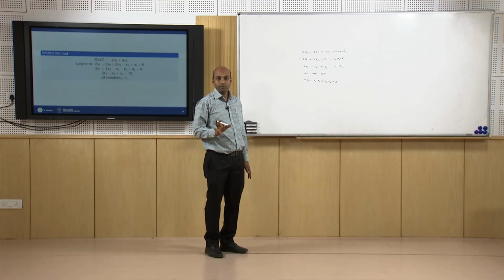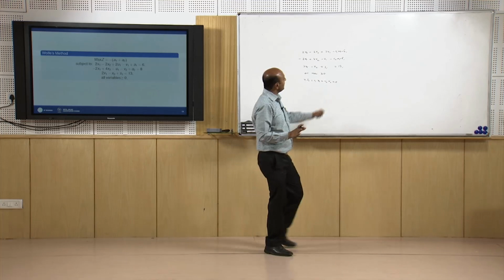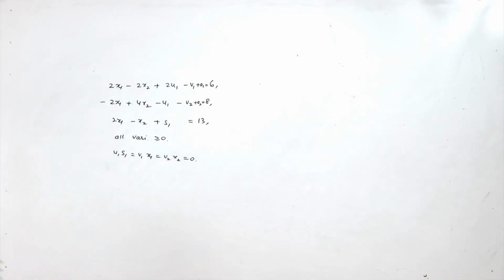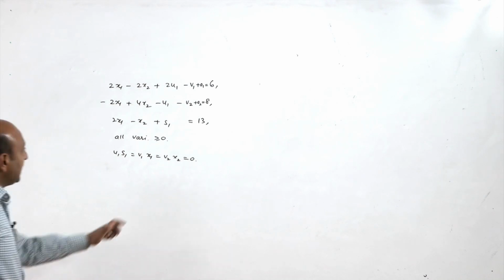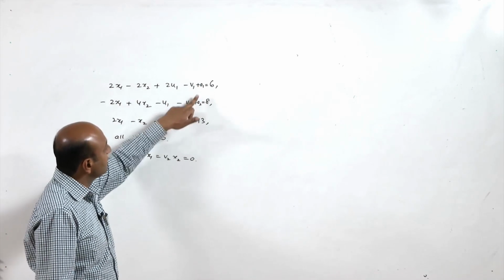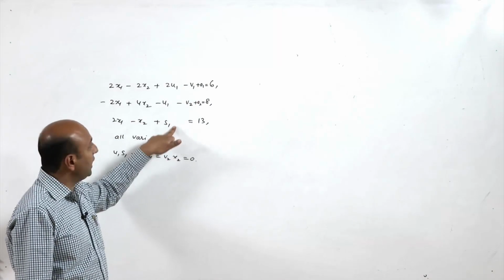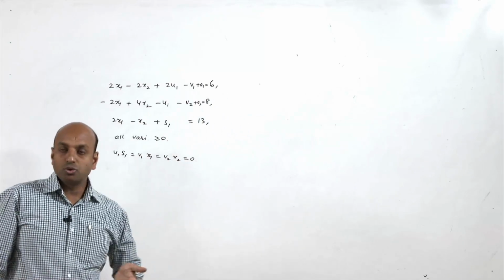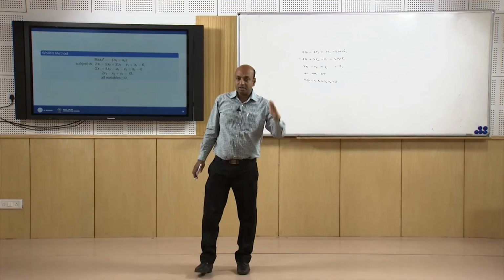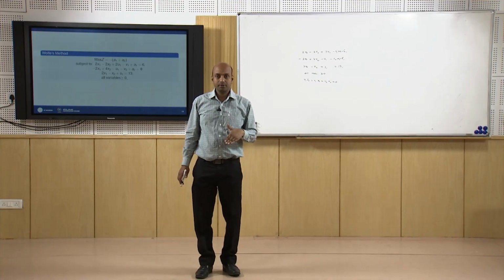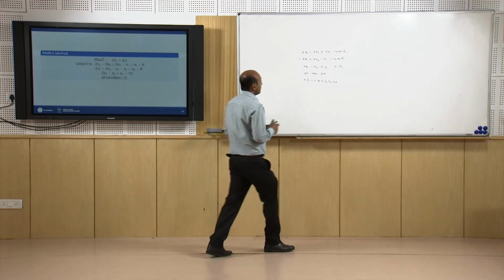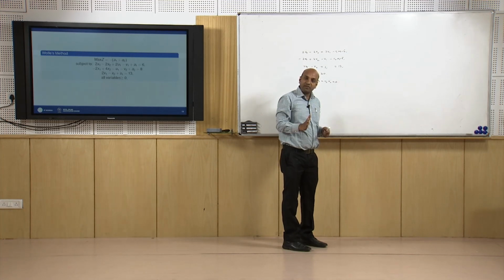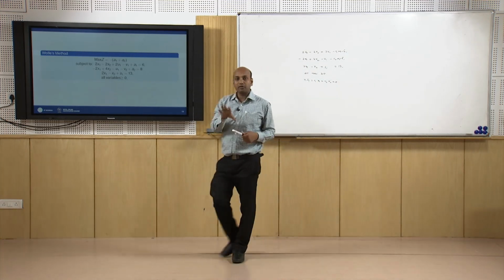Now, with A1, A2 and S1 we have an identity corresponding to these constraints. The coefficient of A1 is 1, 0, 0, A2 is 0, 1, 0, S1 is 0, 0, 1. So, now we have an identity corresponding to these three equations. But this was not our original problem; we have changed the problem by introducing two more variables.